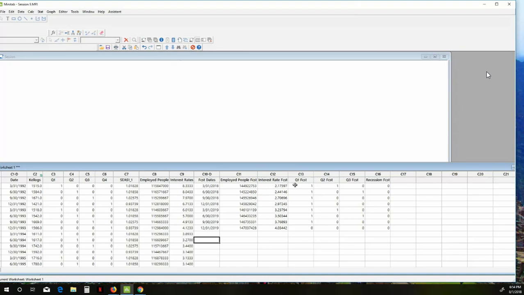Okay, so if this is the first quarter, the 1 belongs there for first quarter for the forecast. This is not a first quarter, so 0 belongs there. This is not a first quarter. This is not a first quarter. This is a first quarter. This is not a first quarter.